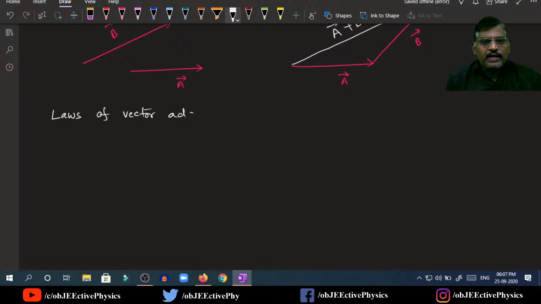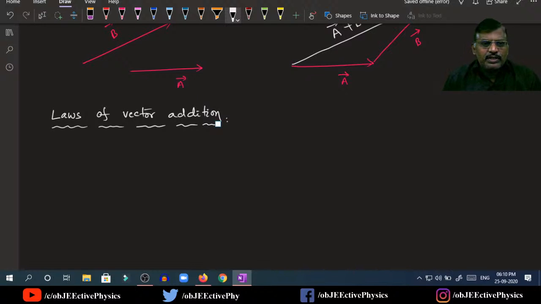Usually the definition for a vector, we can say, is a physical quantity which has both magnitude and direction is called a vector.